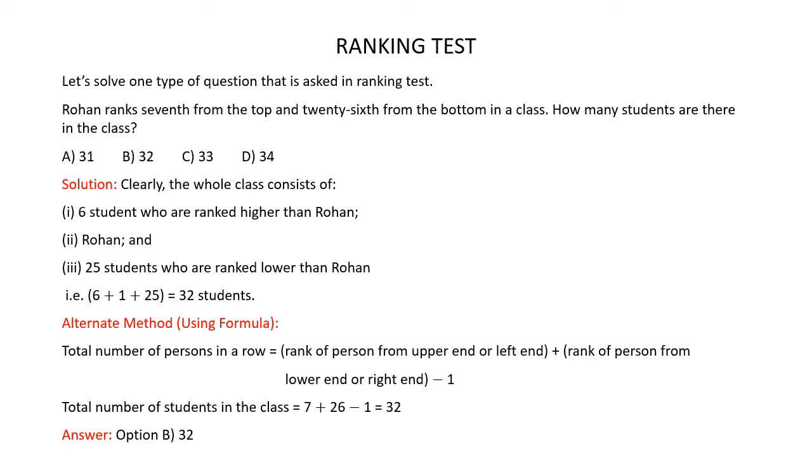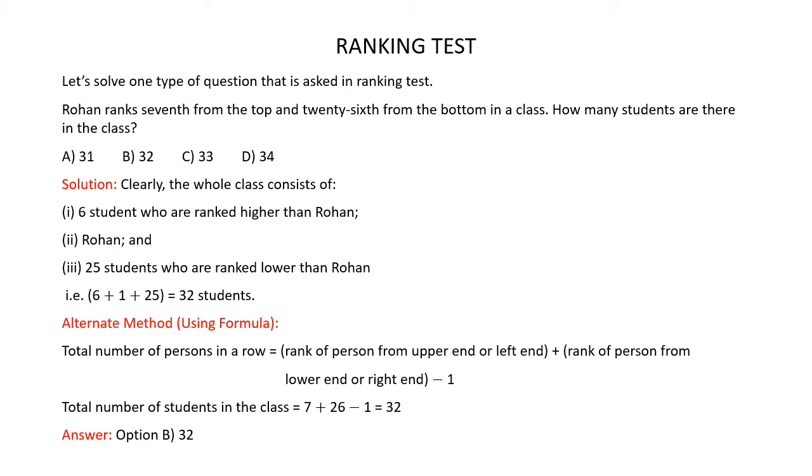So clearly the whole class consists of 6 students who are ranked higher than Rohan, then comes Rohan, and 25 students who are ranked lower than Rohan. That is, totally there are 6 plus 1 plus 25, that is 32 students in the class. You can solve this problem using the formula also.